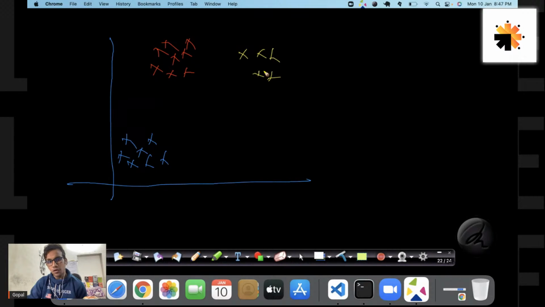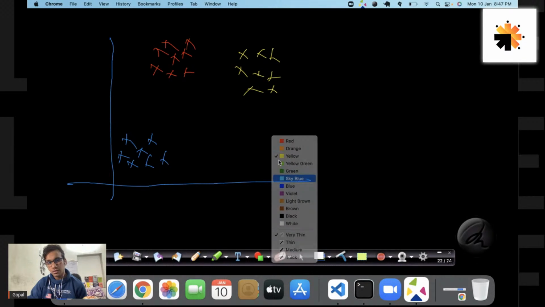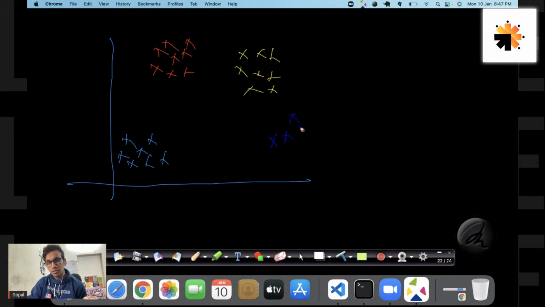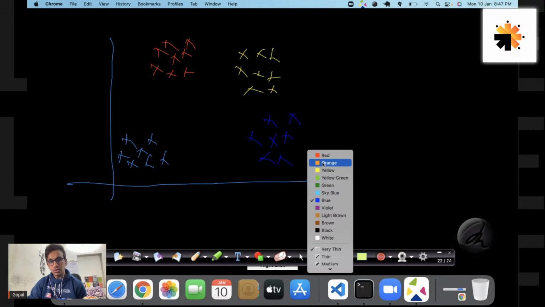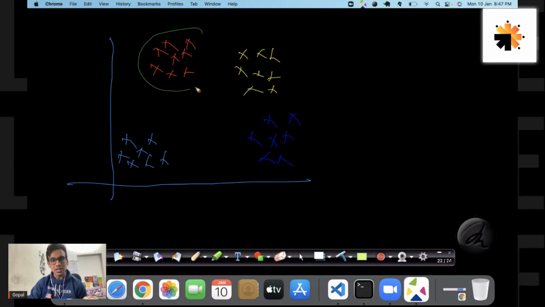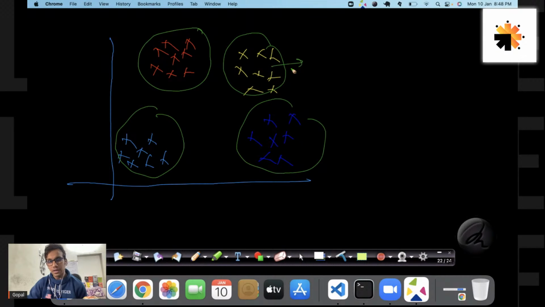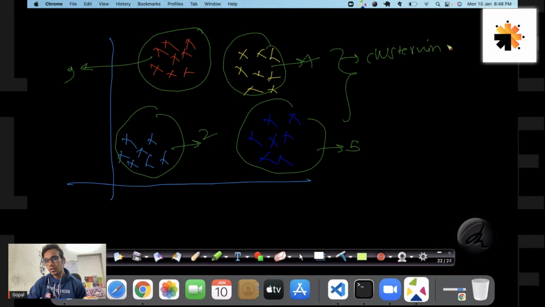Based on these clusters, we can determine that, say, these are fours, these are fives, these could be twos, and this could be nines. All these clusters we can segregate based on their pixel values, and this technique is known as clustering. Again, this is your unsupervised machine learning task.